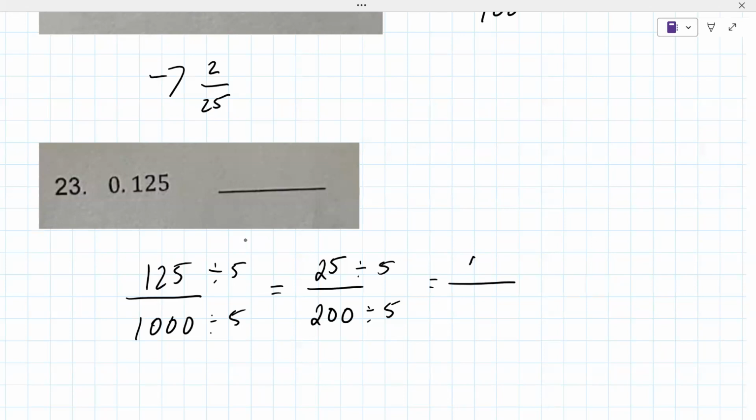And that can be reduced to 1 over 8, and then you do it again, you divide by 5. 40 divided by 5 is 8. So 1 over 8. Okay.